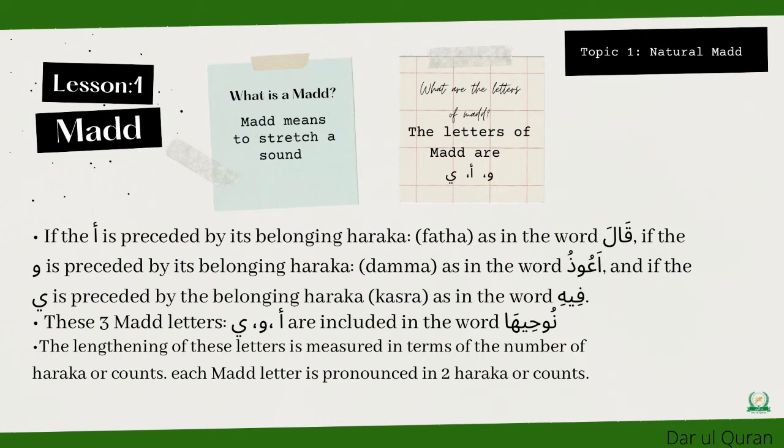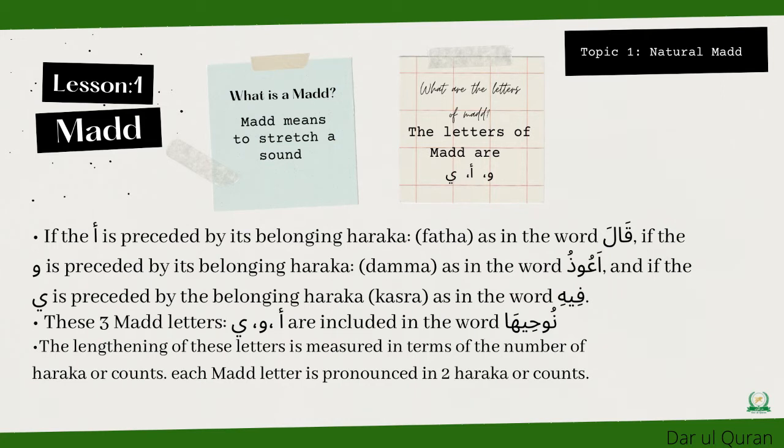If the waw is preceded by its belonging haraka, which is the dhamma, as in the word a'udhu, a'udhu. So in the word a'udhu, after the ain, we have the mad letter, which is the waw.